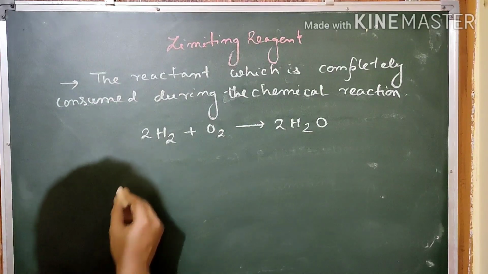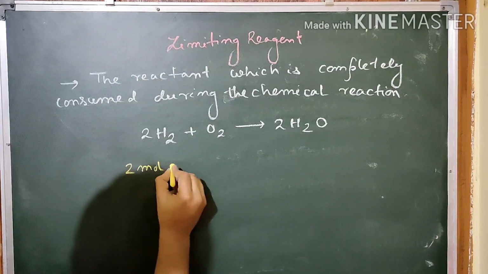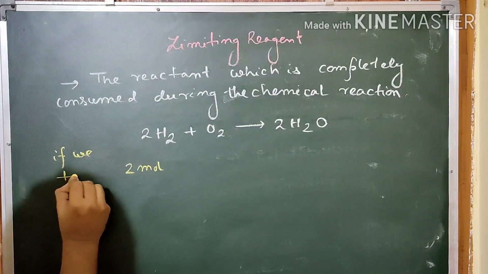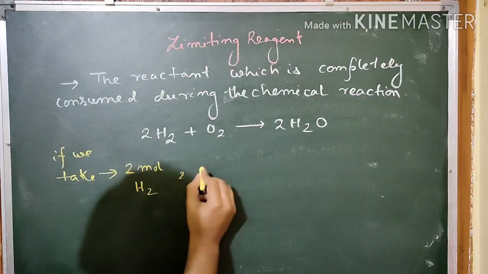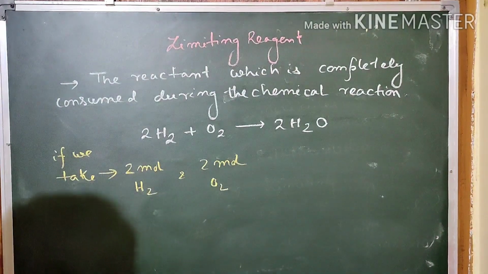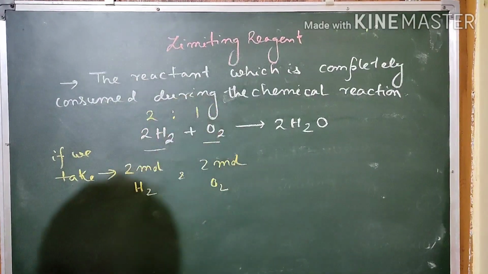If we take, for example, 2 mole of hydrogen and 2 mole of oxygen, from here we can see it is only a 2:1 ratio.